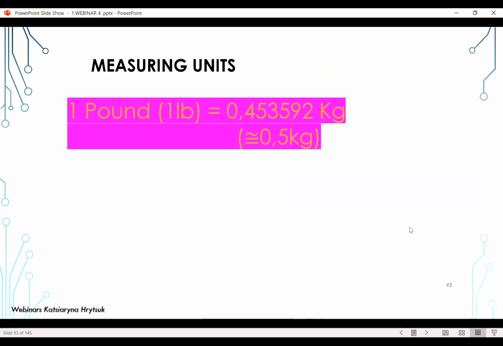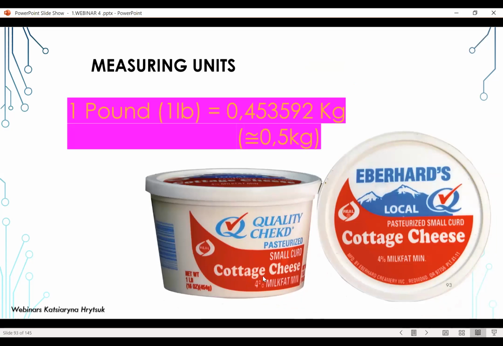Next, pound. One pound is equal to half a kilo. You can see cottage cheese, like our творог, with net 1 lb, sometimes they write kg, or lb.